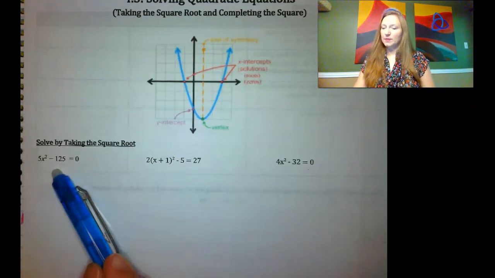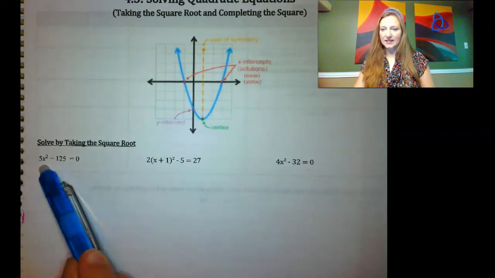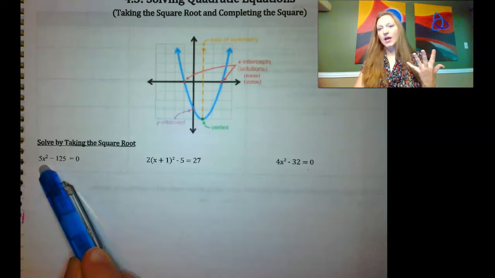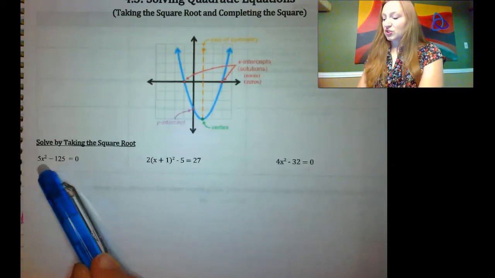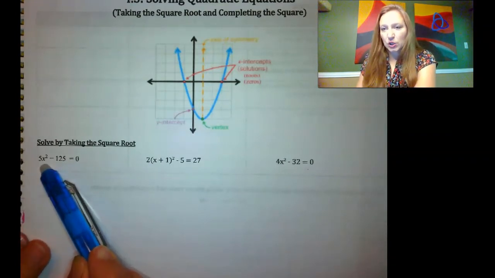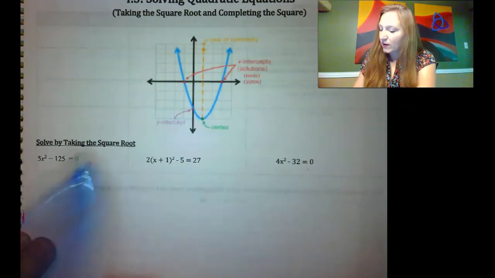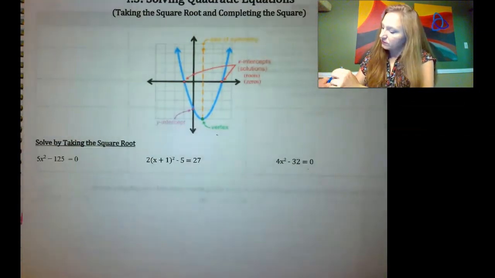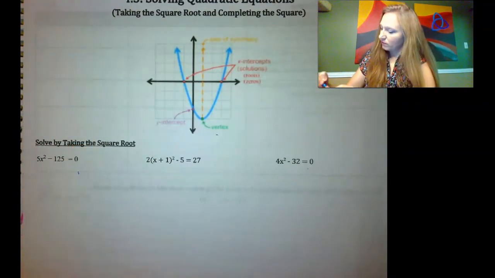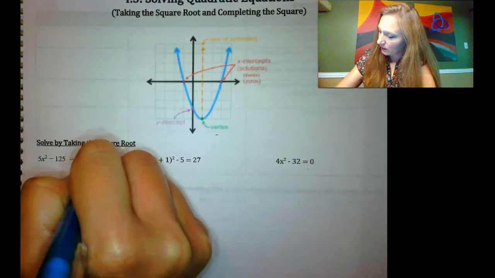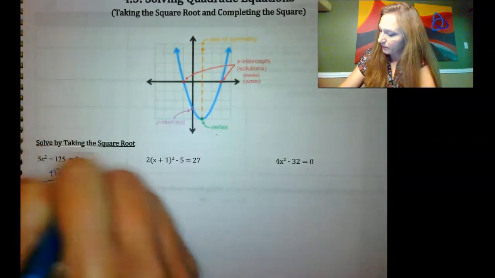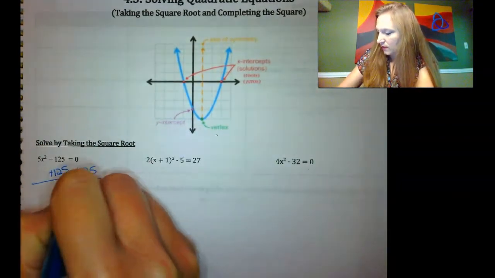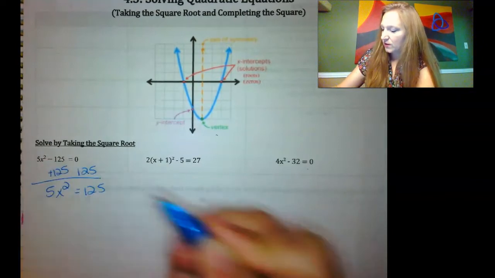Notice this problem, I have only an x squared. There's not another x here. And so it's easy to solve by just isolating that x squared like you would in an algebra problem. So if I add 125 over here, I'm left with 5x squared equals 125.